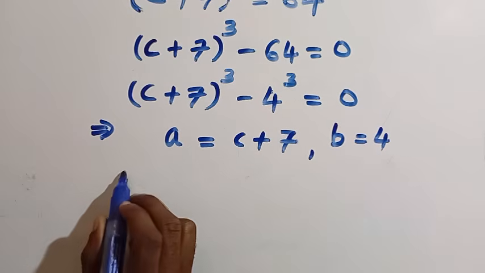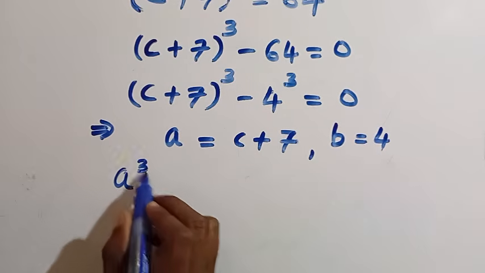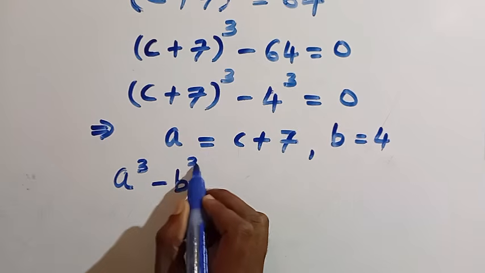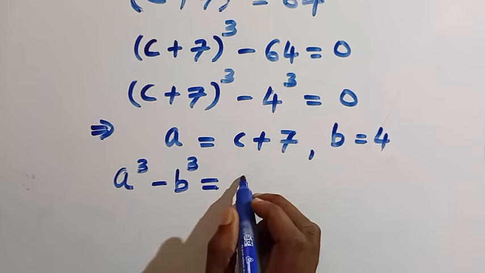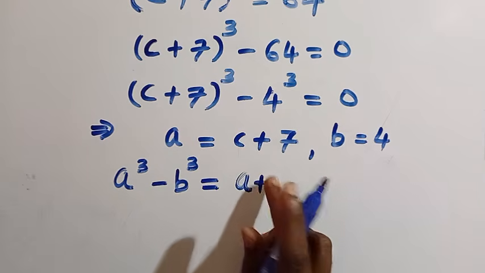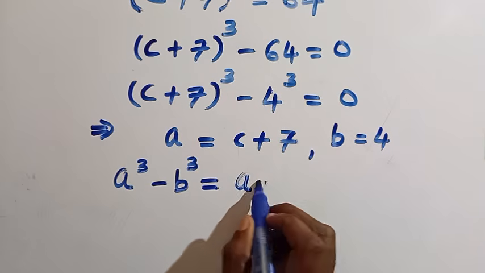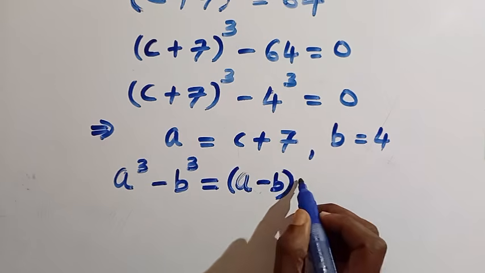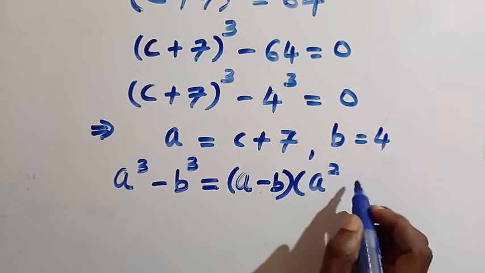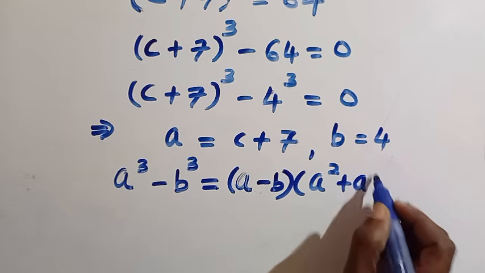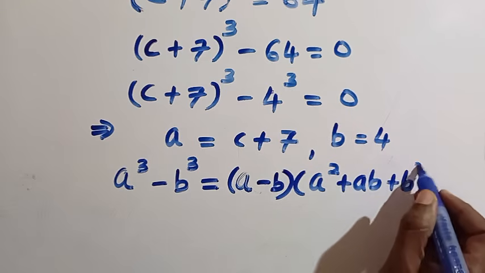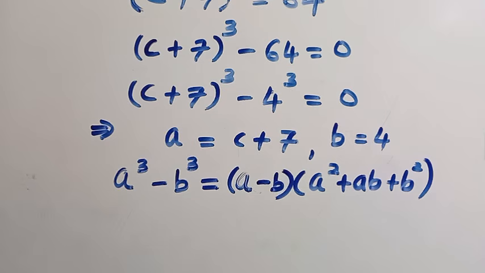Then if I replace this, we are going to have a^3 - b^3, and since it is minus, we are going to have (a - b) multiplied by (a^2 + ab + b^2). This is the difference of two cubes.